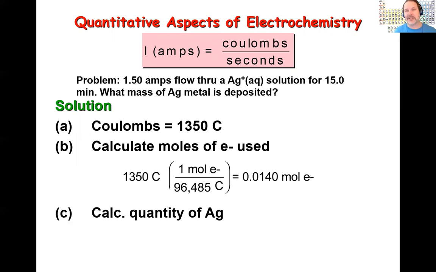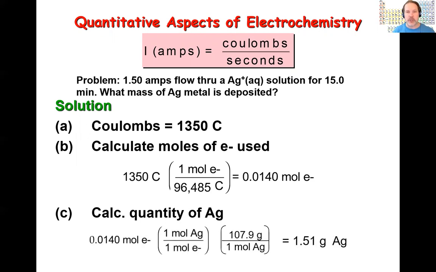Now that we've got moles of electrons, we can use conversion factors and dimensional analysis. Because of the 1-to-1 mole ratio stoichiometry in the silver half reaction, we can convert moles of electrons to moles of silver and then multiply by the molar mass of silver. Voila! We can figure out the mass of silver. So 1.5 amps for 15 minutes gives 1.5 grams of silver.